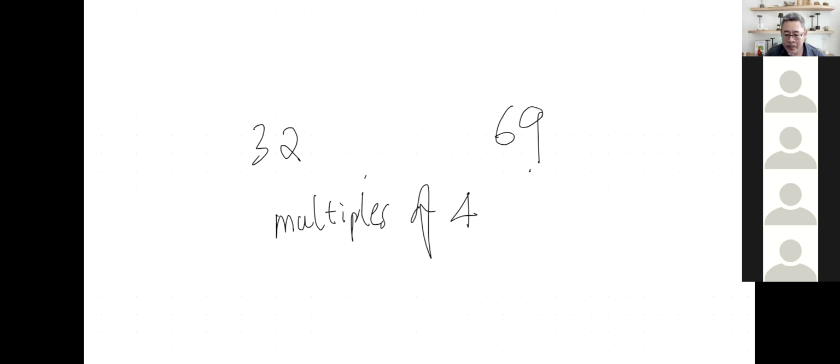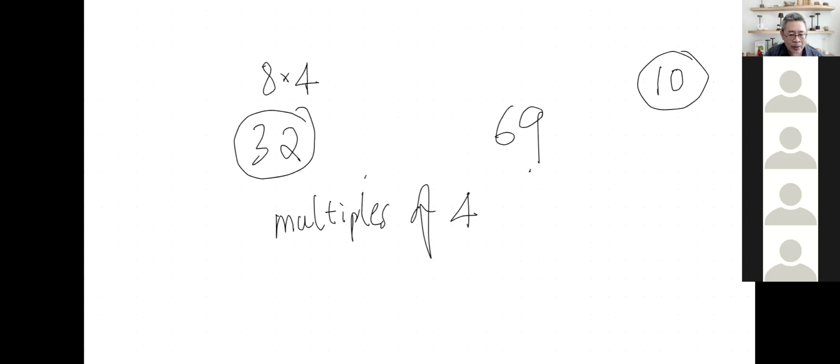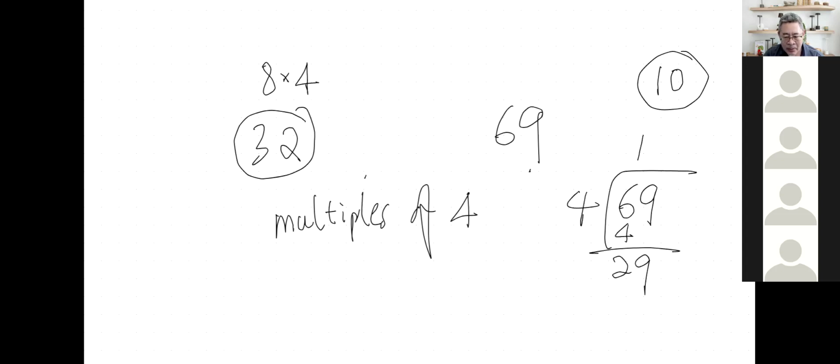Okay, so the correct answer actually is 10. Well, let's see why. First of all, 32 is 8 times 4. We just want to figure out the one close to 69. 69 divided by 4, we got 17 and remainder 1.